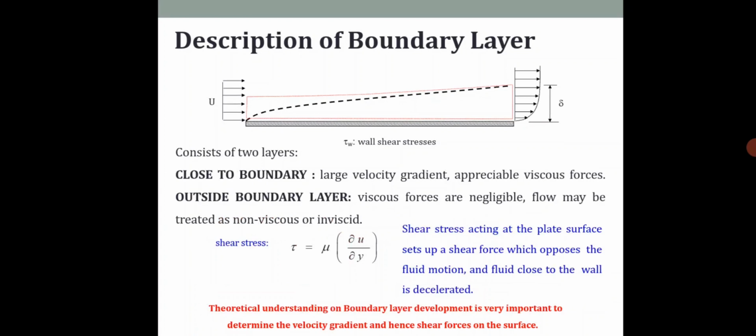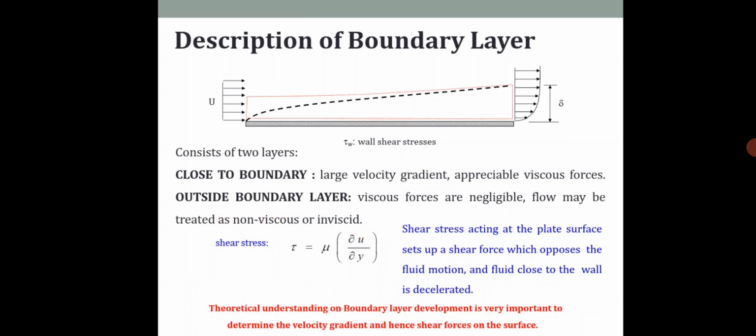Next we are going to describe the boundary layer. It consists of two layers. Close to the boundary we have a large velocity gradient and appreciable viscous forces. Outside the boundary layer, the viscous forces are negligible and the flow may be treated as a non-viscous fluid.